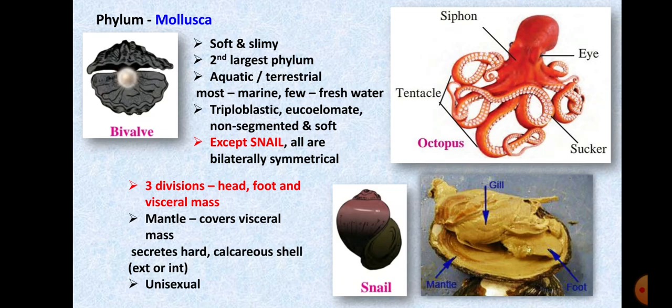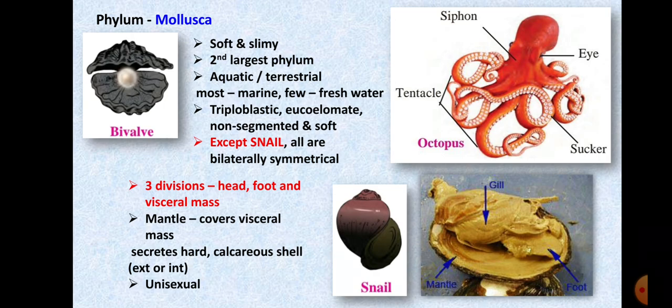What is mantle? In the yellow color picture, you can closely observe the mantle, the hard shell-like covering you will find in a few of the molluscans. That is your mantle, which covers the visceral mass, that means the internal organs of the organism. It protects the inside body.